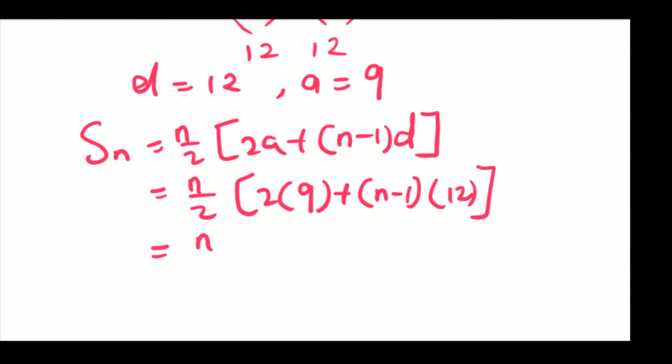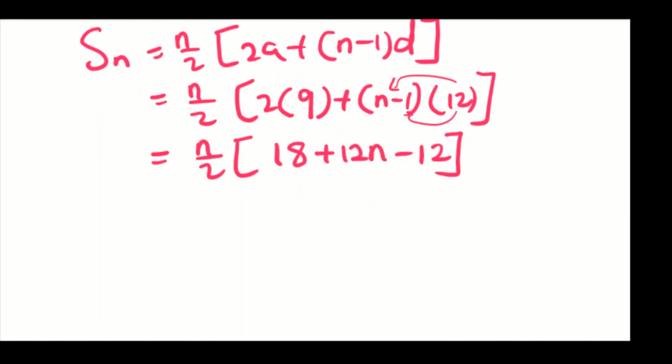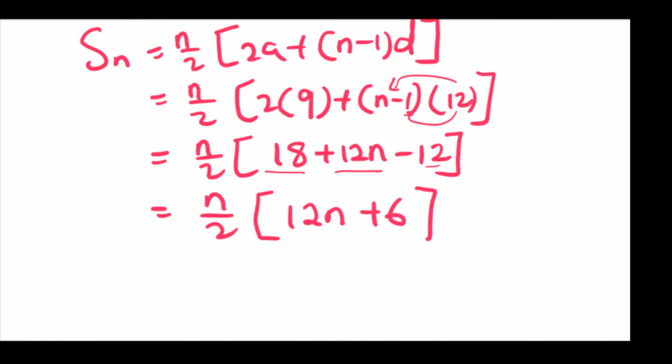So it's going to be n over 2 into 2 times 9 equals 18, and then 12 times this n, so it's going to be plus 12n, and then 12 times this minus 1 is going to be minus 12. We close the bracket, and then we're going to have n over 2 into 12n, and then 18 minus 12, we're going to get 6.